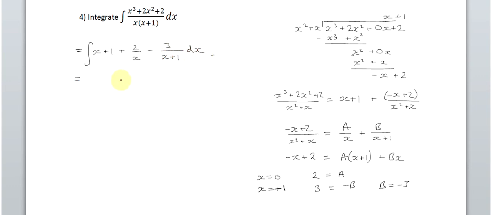And then we just go through, and it's pretty straightforward. We get an x squared over 2, plus an x, plus a 2 ln of x, minus a 3 ln of x plus 1, and, as always, the plus c. Well done if you got that.